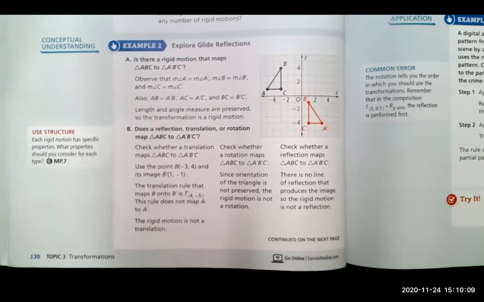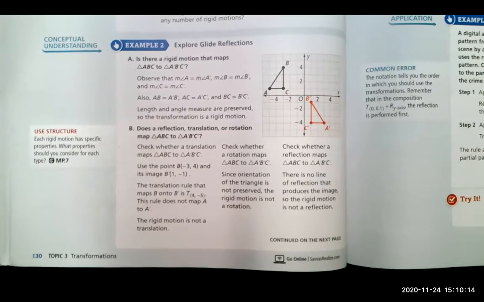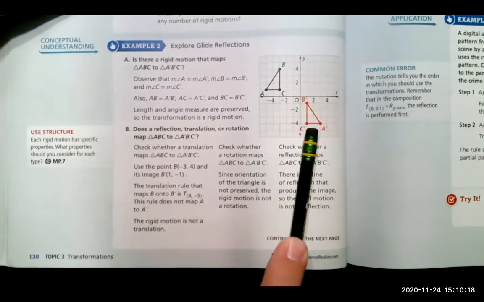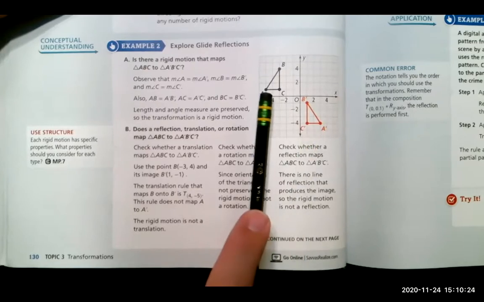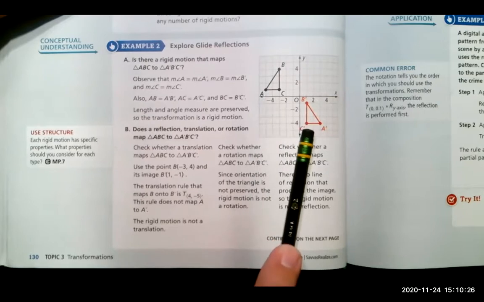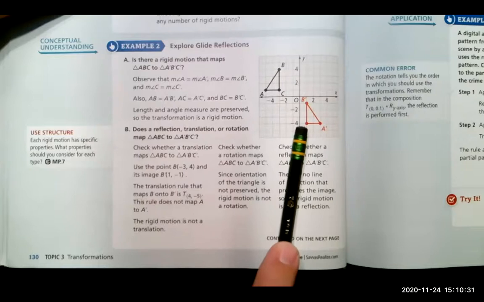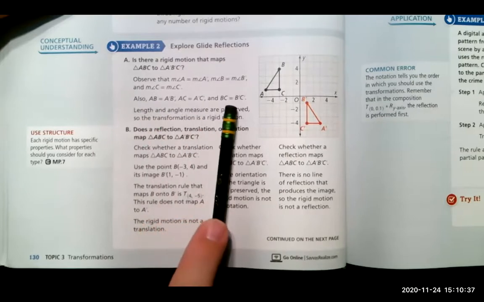Remember, if something's a rigid transformation, the overall shape can't change. We can't go from this black triangle to a red triangle that's twice as big or 3 times as small. That's not a rigid transformation. All these angles have to be the same. If angle C is 90 degrees, C prime has to be 90 degrees.